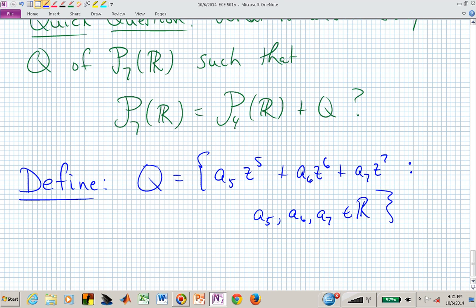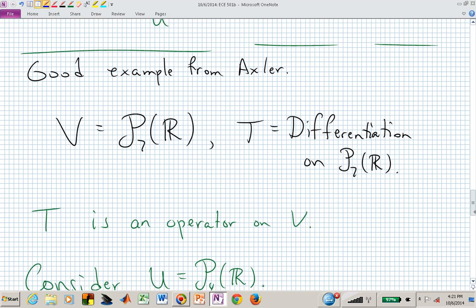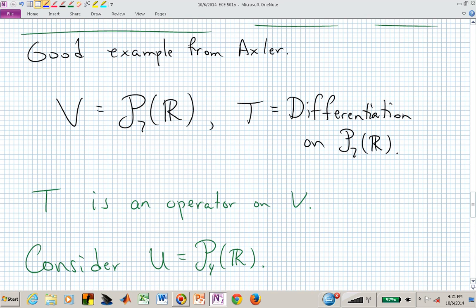Yes? So for the previous example, what was the point of the illustration? Why does it matter that P4 is a subspace? So the question was, can I explain what was going on before? We're trying to understand this concept of something being invariant. This is maybe outside the normal eigenvalue, eigenvector thinking, but here we were showing that this, whatever we called it, U, in that example, was an invariant subspace.